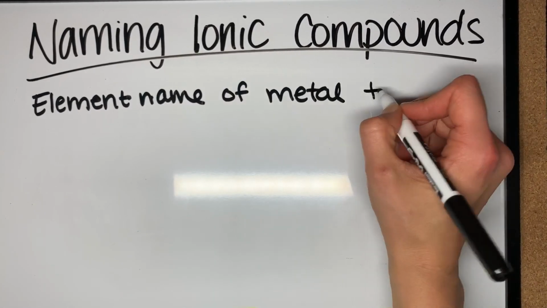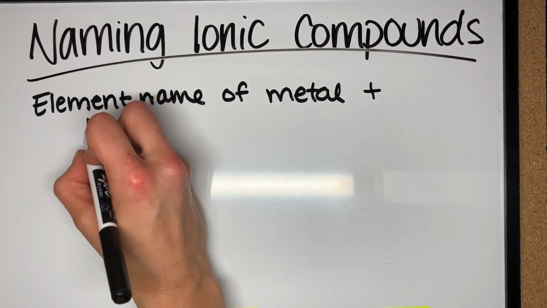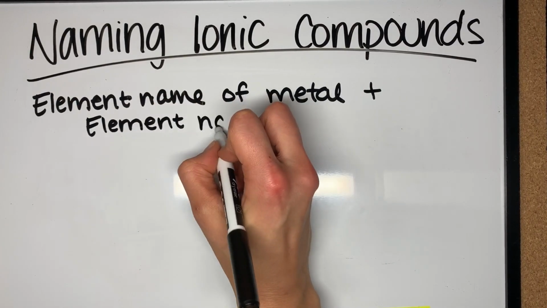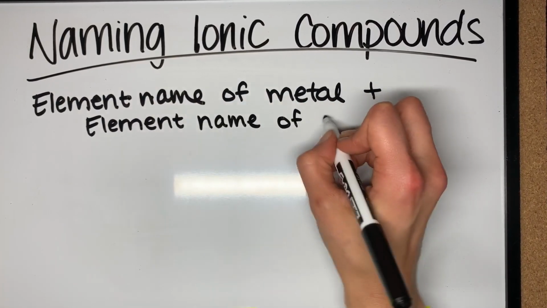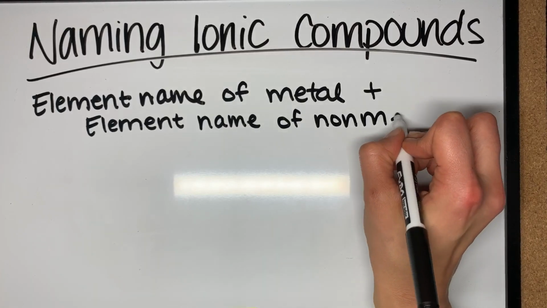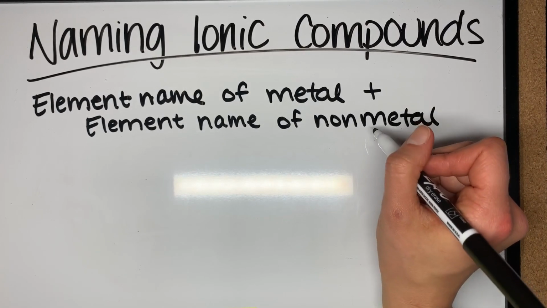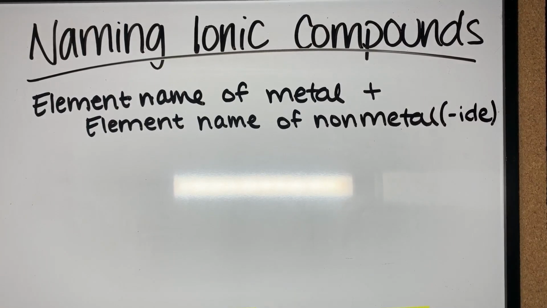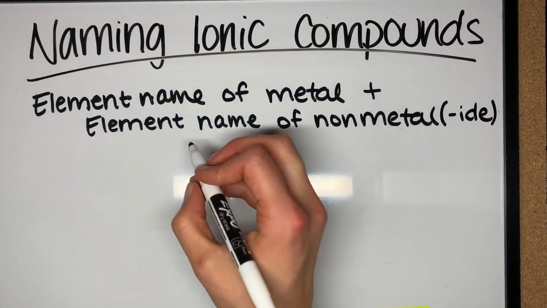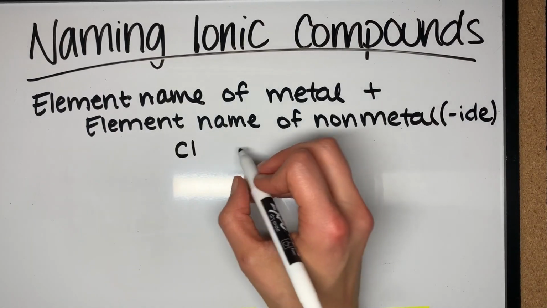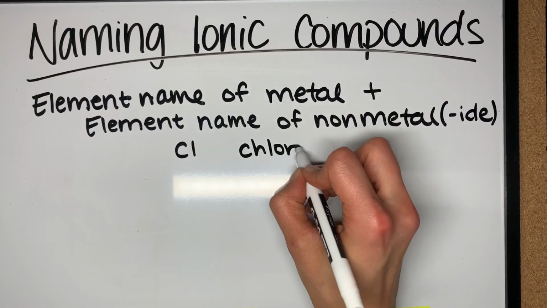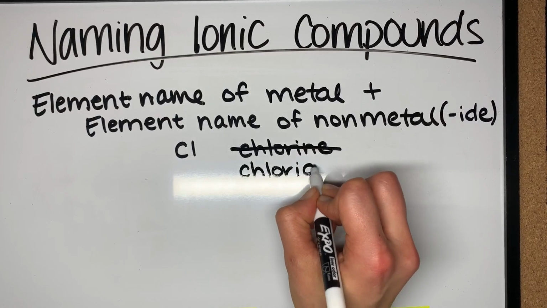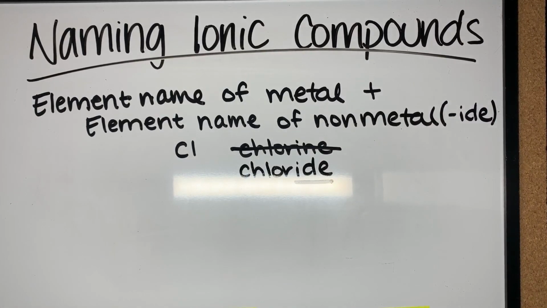Then, to that, you are going to write the element name of the nonmetal, but you are going to replace the ending of that element name with IDE. Meaning, if we have chlorine as our nonmetal, instead of writing out chlorine, we are going to write out chloride. Okay?